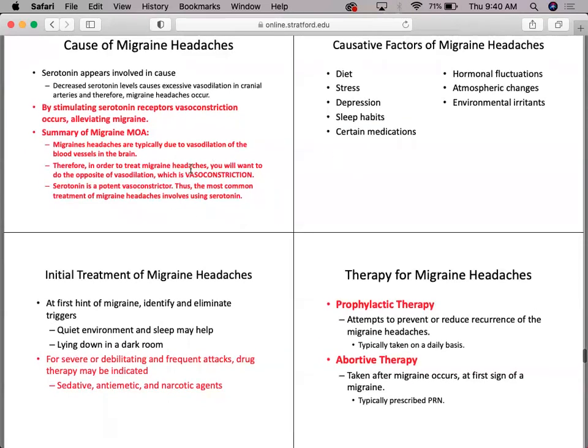But the biggest factor that we're trying to deal with is the vasodilatation that always occurs with migraine. Meaning to say, your brain will be flooded with a lot of oxygen and a lot of stimulation.